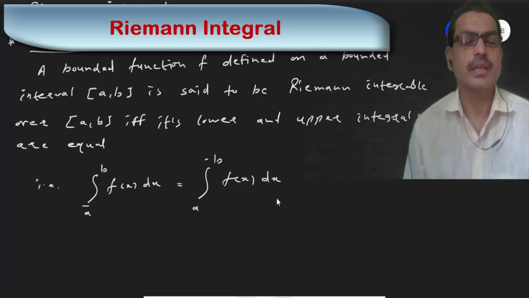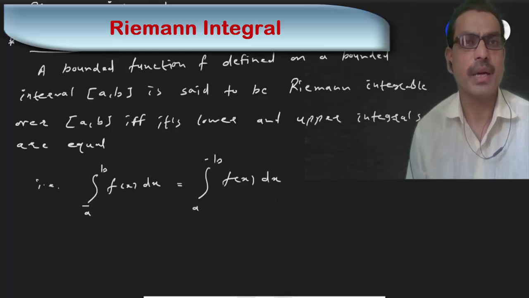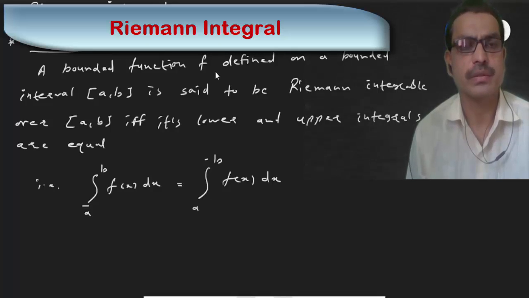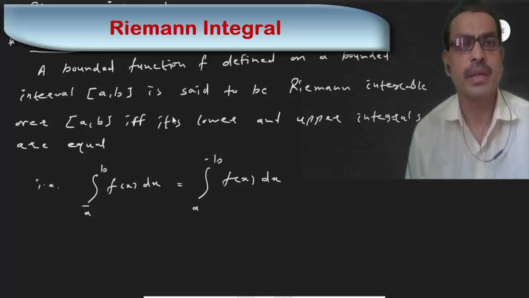dx. See, in the definition of the Riemann integral, a function f is bounded on the closed interval [a, b], then it is said to be Riemann integrable if and only if its lower Riemann integral is equal to the upper Riemann integral.